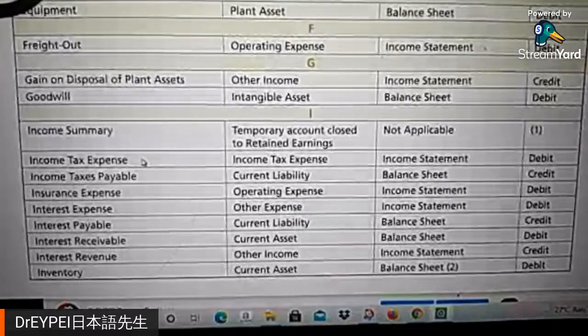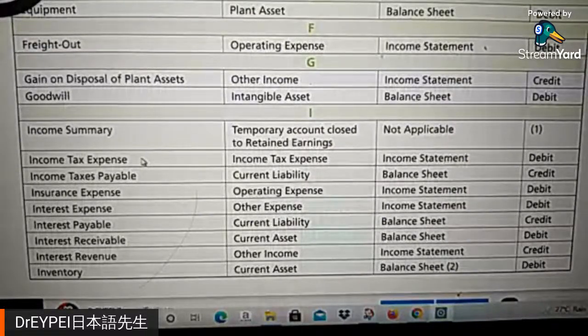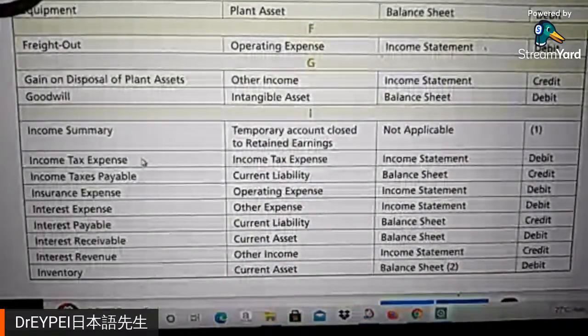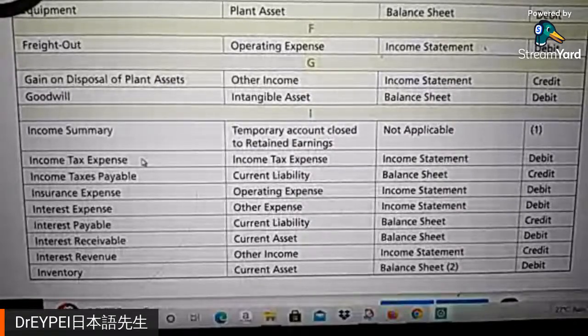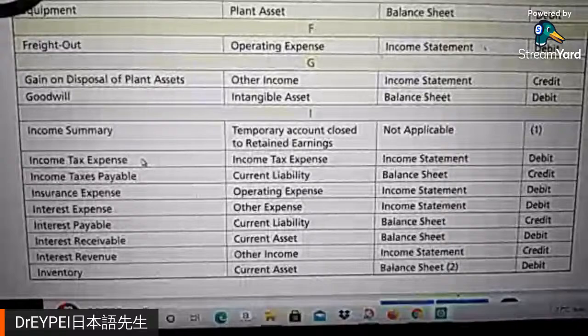Okay, let us give an assignment. Research. You have to research how much is the threshold for salary income tax today, currently, this year, and for business income tax. What is the threshold for exemption?